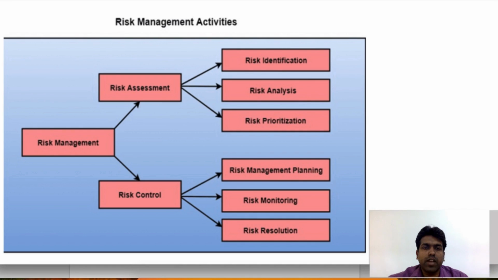So we can identify the risk, analyze the risk, or prioritize the risk, means we can provide the priority of the risk. And in case of controlling the risk, there will be risk management planning, so we can do planning of risk management. Then the second one is risk monitoring. We can monitor the risk, as well as we can resolve the risk, that is risk resolution.